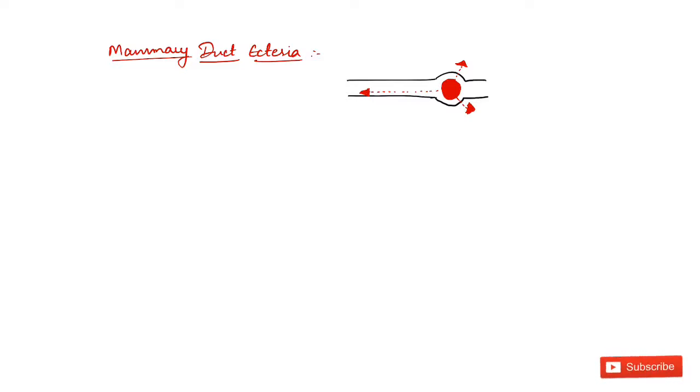That is M for mammary glands. It is mostly seen in multiparous females, elderly females.